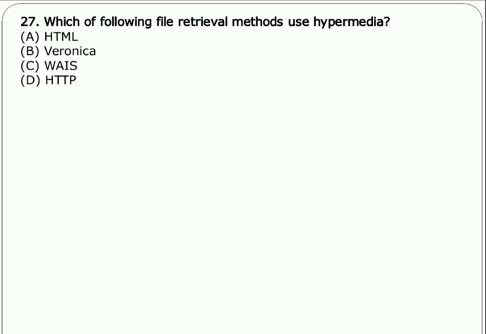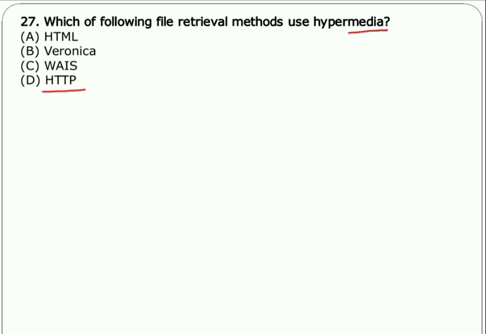So it is not only supporting general text. HTML means it is supporting the general, normal text file. Hypermedia, media means it is supporting audio, video, graphics, etc. That's why the answer is HTTP.